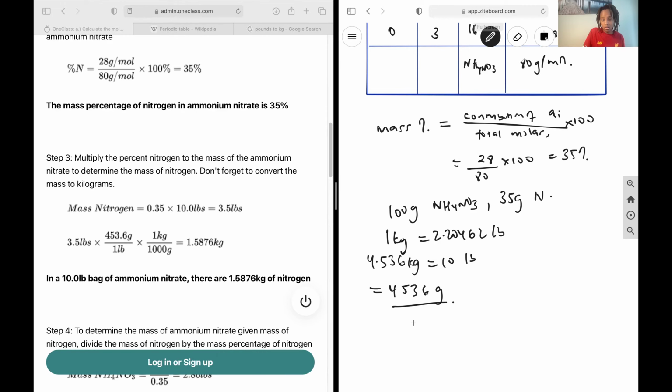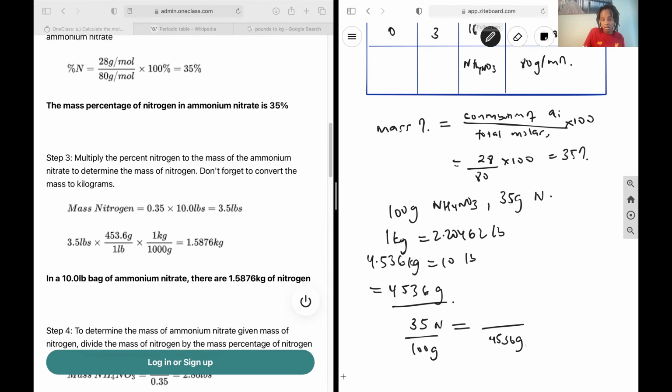Okay, and so since we know that for every 100 grams of our substance we have 35 grams of nitrogen, we should get the same ratio if it's out of 4,536 grams.